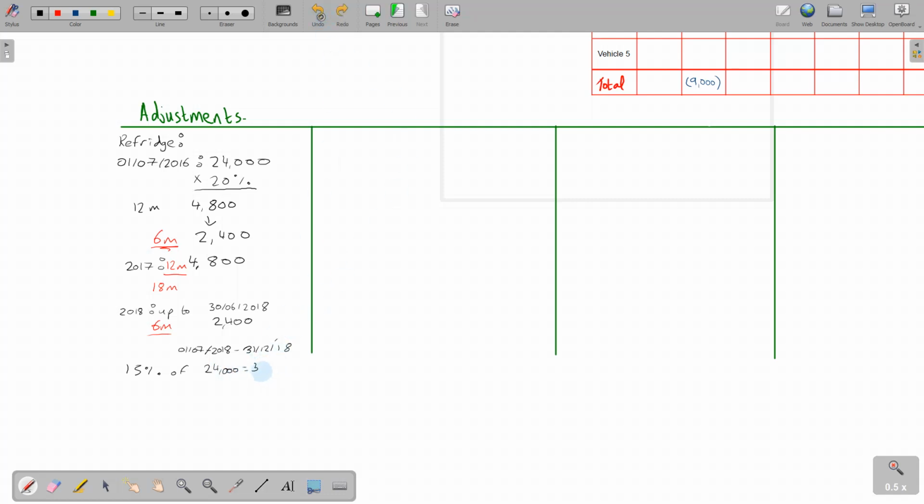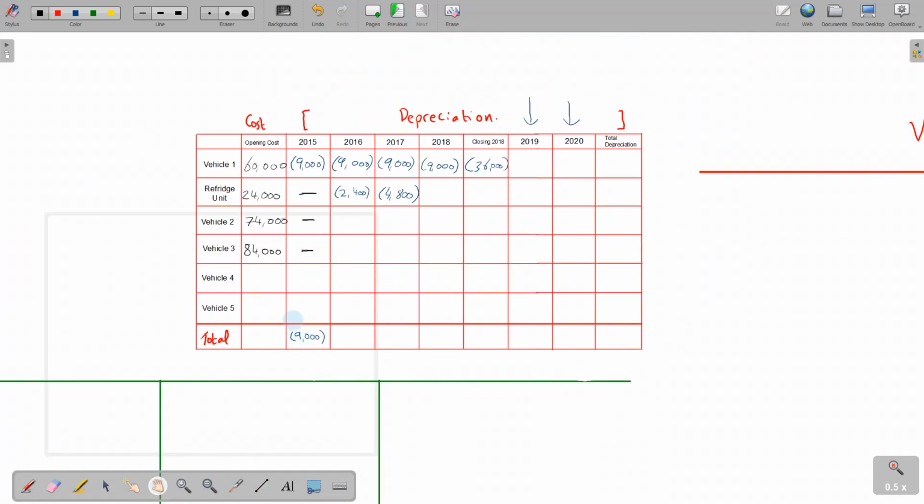Put the comma in the wrong place. So that's a full year, but again, we only want 6 months, so we half that, 1,800. So for 2018, what we're going to be putting in is 2,400 plus 1,800, which is 4,200.